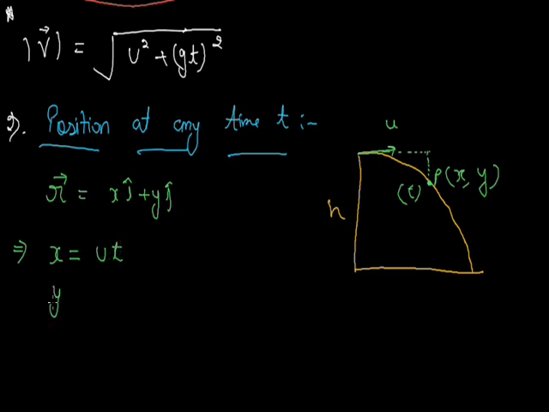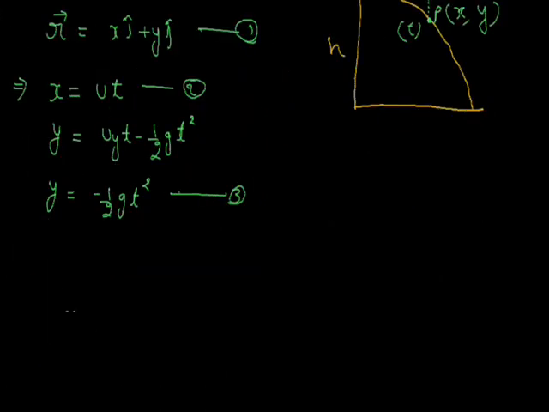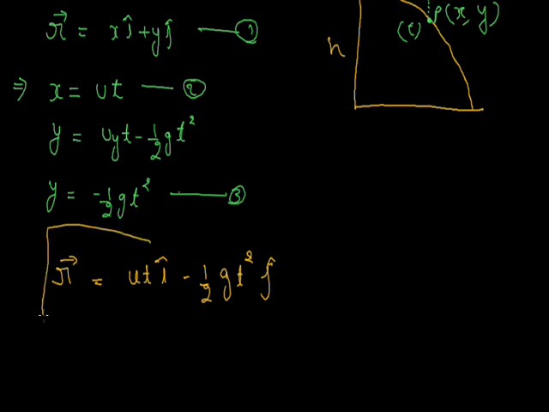And the vertical distance y is equal to uy t minus half g t square, and we know the vertical component is 0, so y becomes minus half g t square. This is equation number 2 and equation number 3, and this is equation number first. Now put these values in equation first, then we get the position vector. That means r is equal to u t i cap minus half g t square j cap.